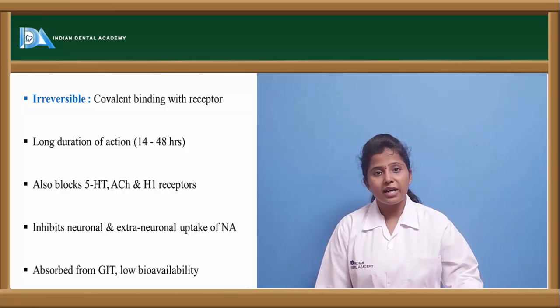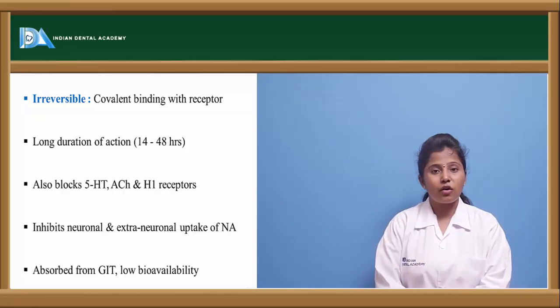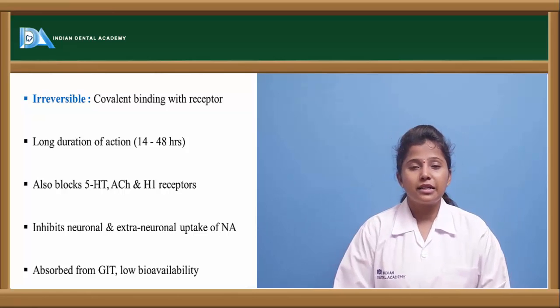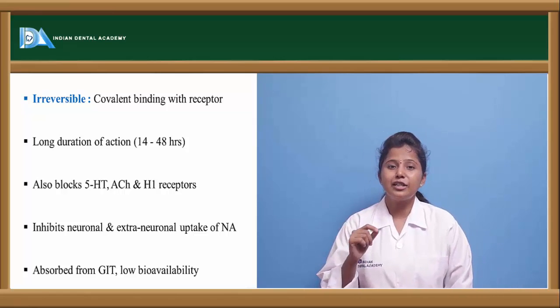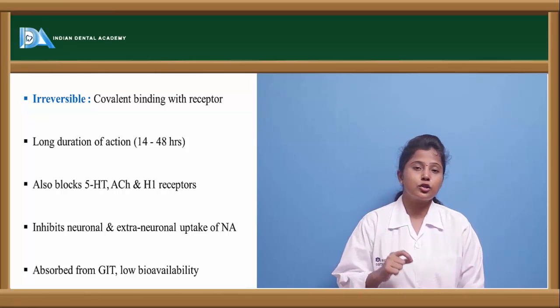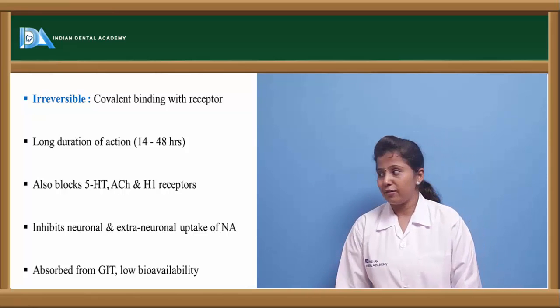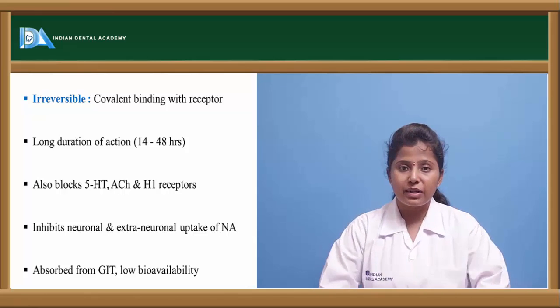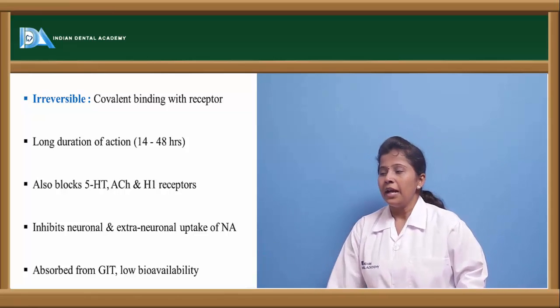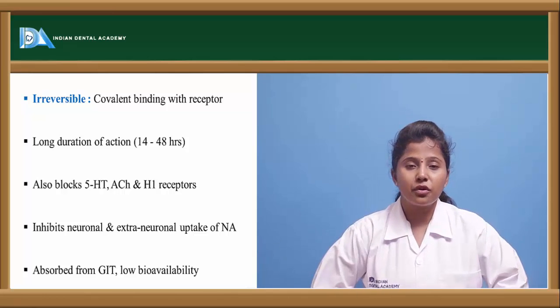Once the blockade occurs, that's all. The blockade is permanent. That is the reason Phenoxybenzamine, though clinically useful, should not be used in excessive doses. Because of the covalent binding with the receptor, the action is irreversible and has a long duration of action.